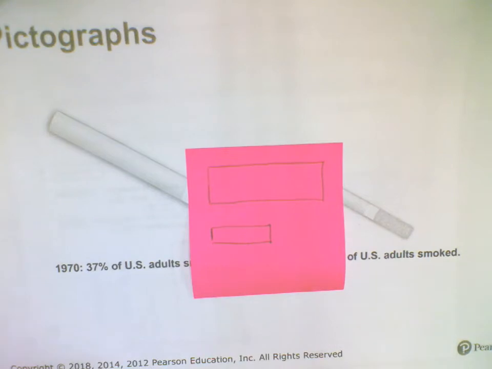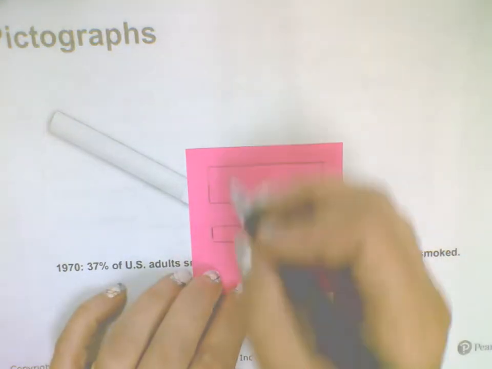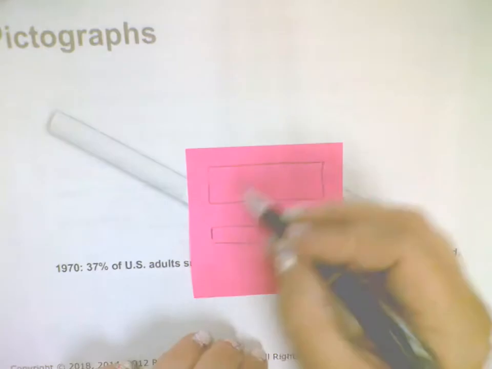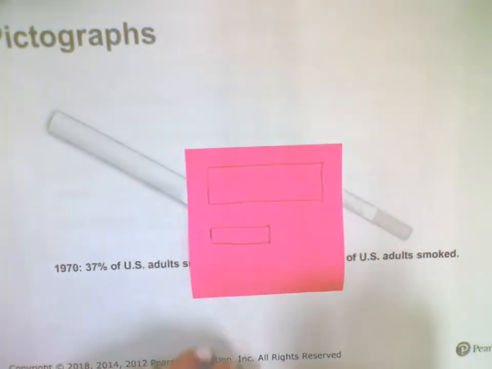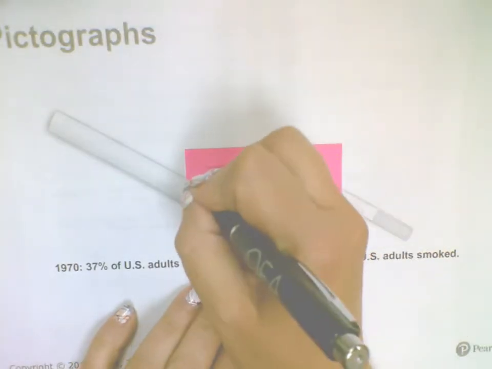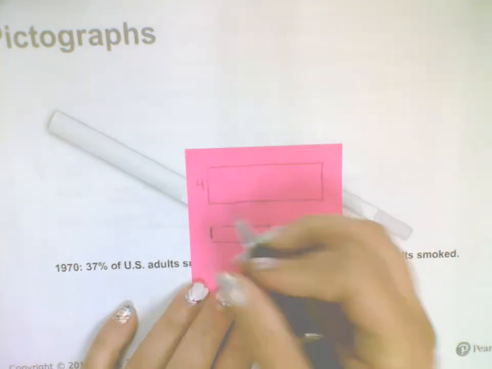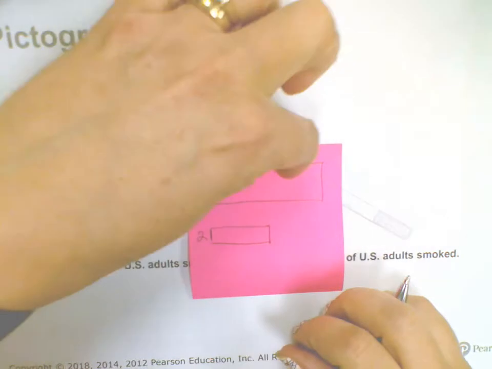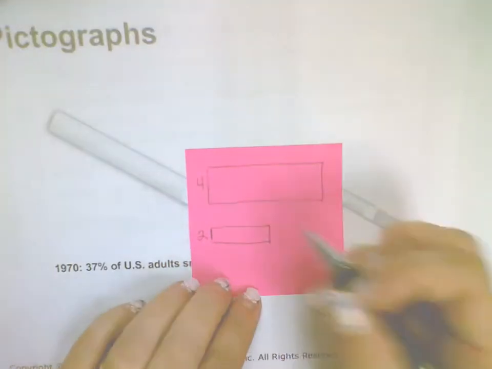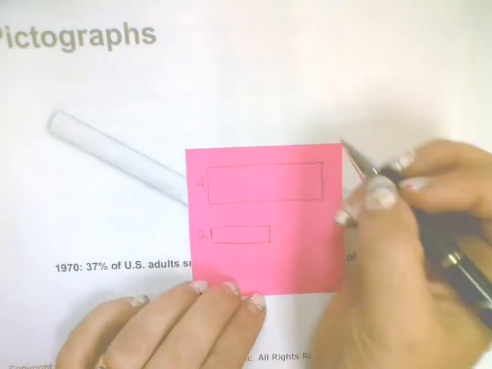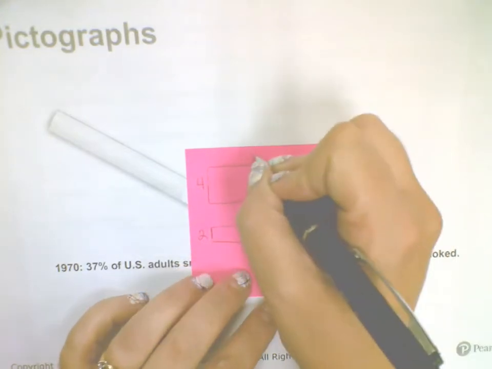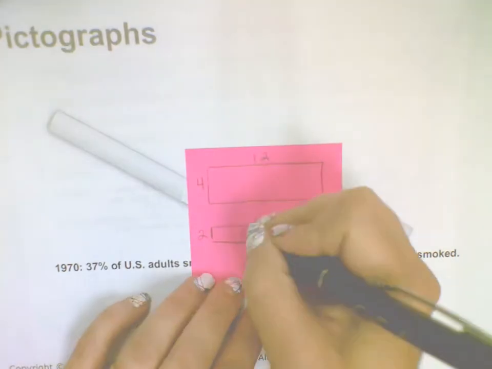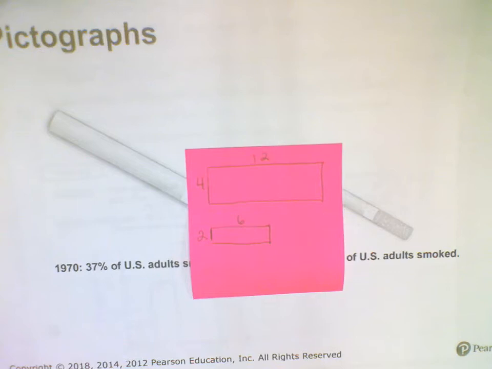Now we're just talking about rectangles and not necessarily these cigarettes, but let's say that this was 4 and this was 2, and this is about, I don't know, 12, which means this would be 6.